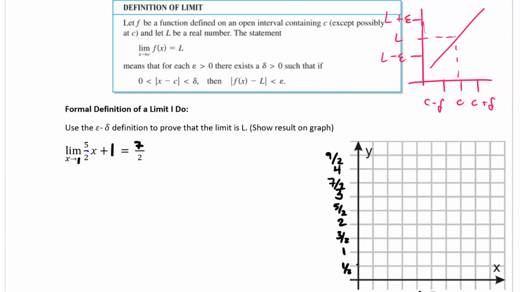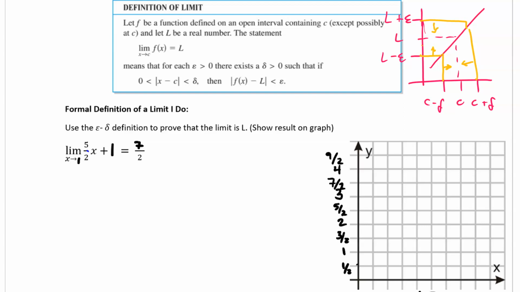What we're trying to do with this formal definition is we're saying, as we close this gap and we get closer and closer to the value of c, what's my value L, my y value? That's all a limit is asking us: what's our y value?